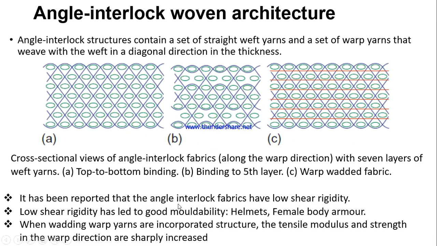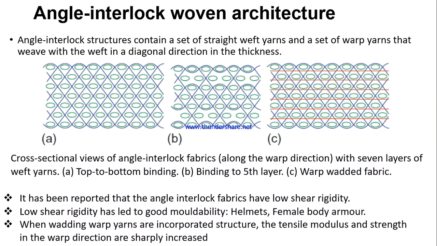It has been reported that the angle interlock fabric has low shear rigidity. This is the spectacular advantage of this angle interlock structure, low shear rigidity. What will be the advantage of its lower shear rigidity? The lower shear rigidity has led to good moldability. Helmets, female body armor, preparation of helmets or female body armor.